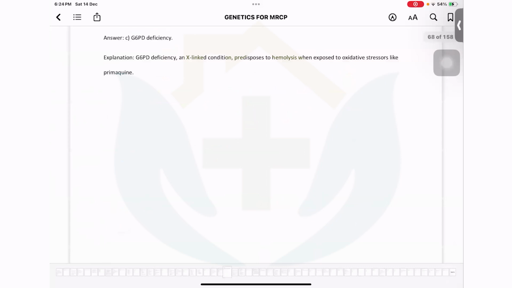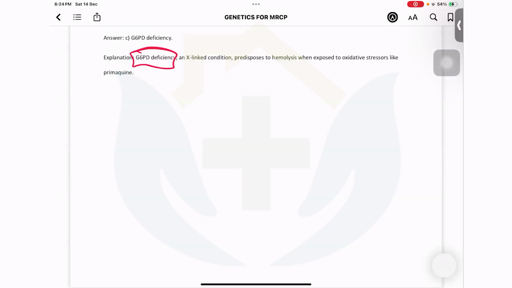So how will you diagnose G6PD deficiency? Any idea? How do you work up a patient with G6PD deficiency? Somebody tells you, I think this patient has G6PD deficiency. What are you going to do?